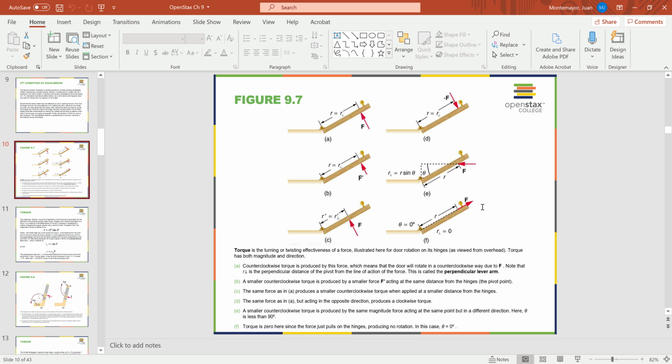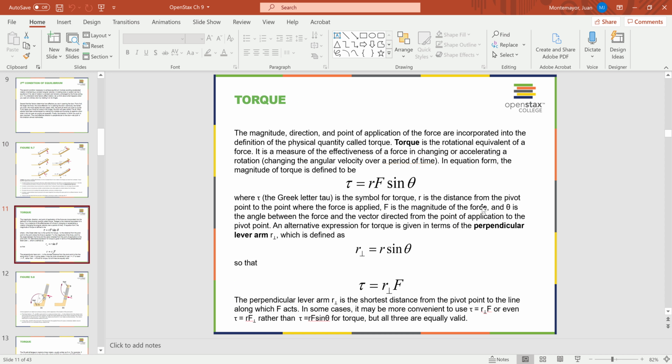So if we go back to this one for E, we would have an angle as well, but a smaller one. So if it's sine of 90, like all these A, B, C, D are, sine 90 is 1. So you just have your R times your force. Since you have a sine of another angle now, it'll change the whole equation.